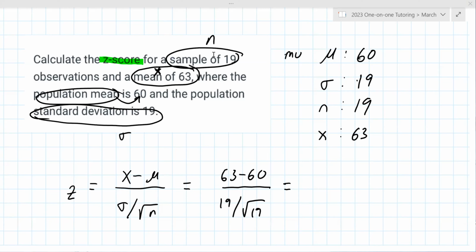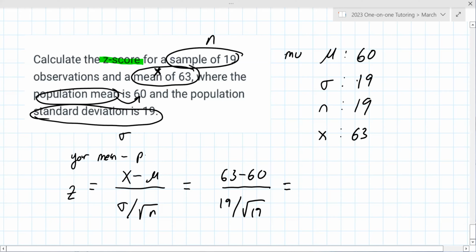Like of those 19 observations, they measured that the mean is 63. Okay, so is it like you always do mean minus the population mean? I'm trying to figure out how to do the numbers then. It's your mean, meaning the one you calculated, minus the population mean. Yes. Okay, that makes more sense.